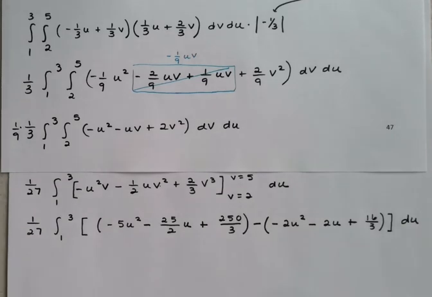Up to you, you can play around with the algebra a little bit first, or you can just plug it in that way in your calculator. When all was said and done, including the multiplication by 1/27, I ended up with 88 over 27 for the final value of this integral. All right, we will come back for the last example in one more video for this section.